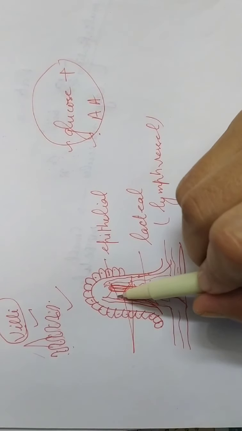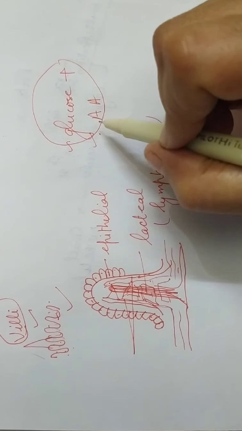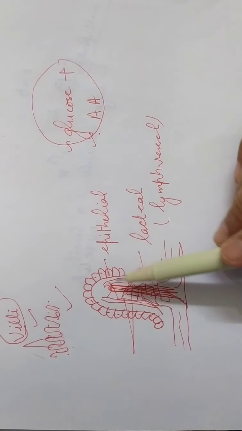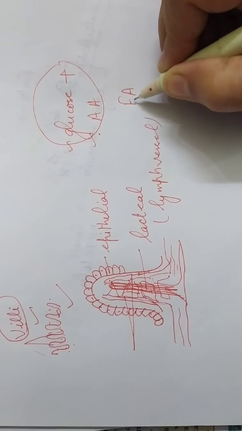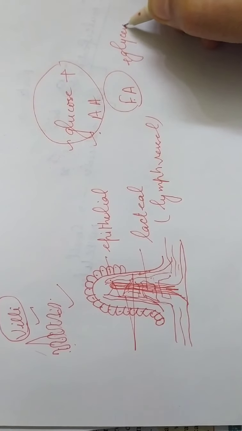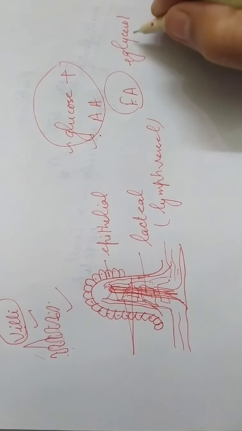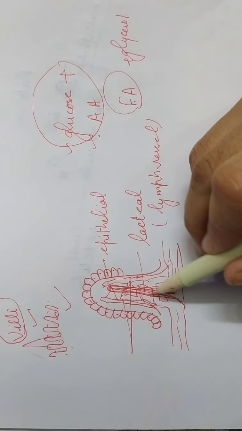Both glucose and amino acids are absorbed by the blood vessels of these villi. Whereas fatty acids and glycerol molecules are slightly thicker molecules. They cannot enter the bloodstream. They enter the lymphatic system, the lymph vessels.